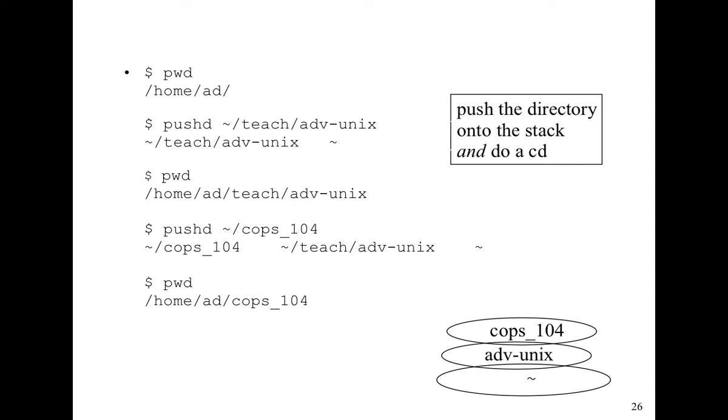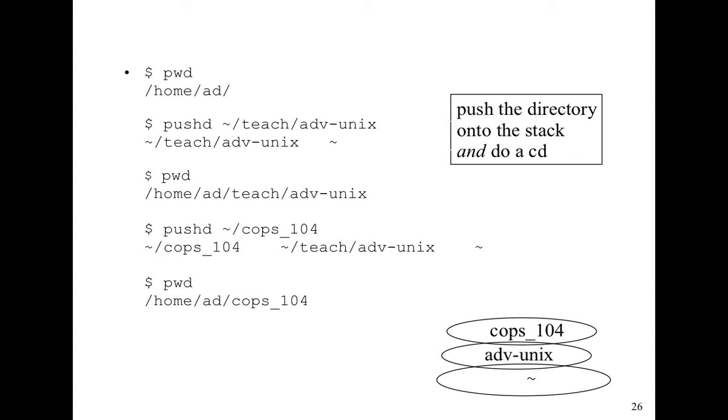Then we can say pushd. We can push something onto the stack or pop something off of the stack, so we can treat the directory traversal like a stack. So pushd pushes the directory onto the stack and then does a cd command, which changes to the directory. Now we are in teach/advancedUnix. Then we can go pwd, and we see that we're in the directory that we pushed on.